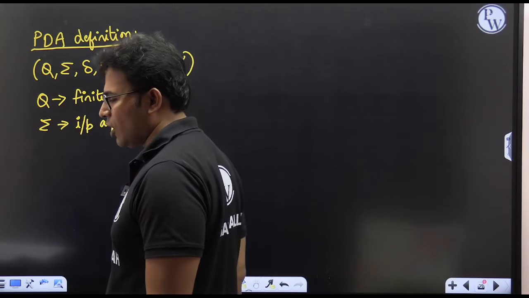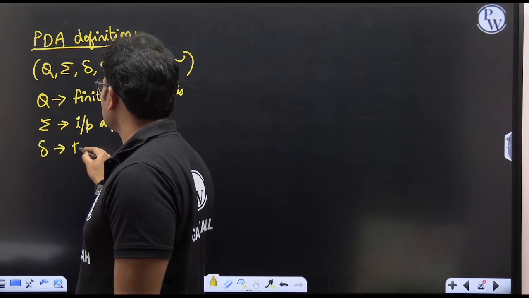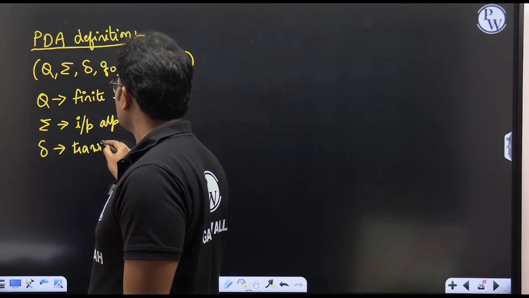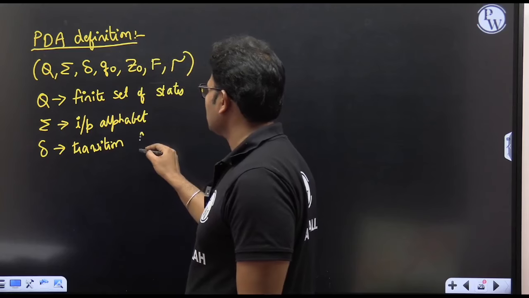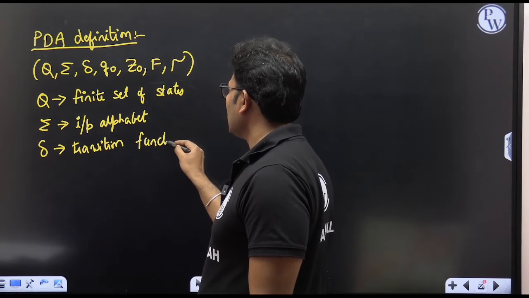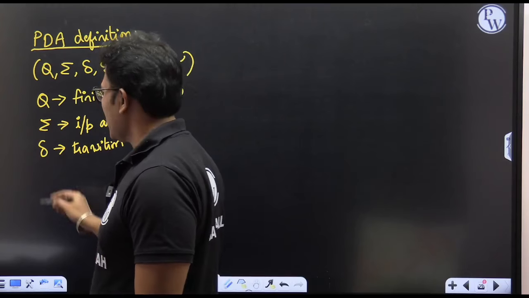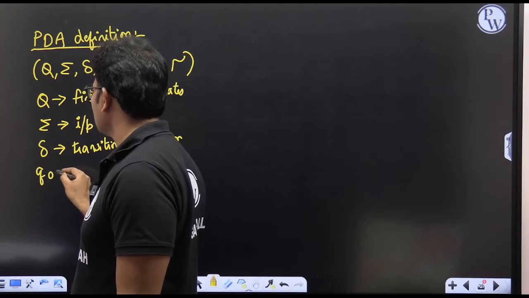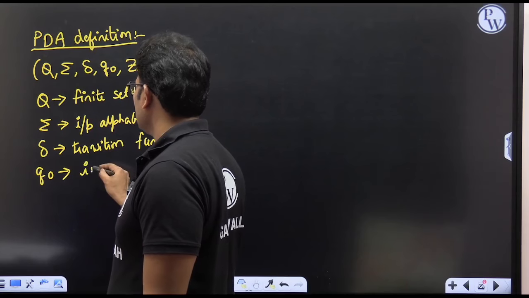Delta is the transition function. Q naught is the initial state.